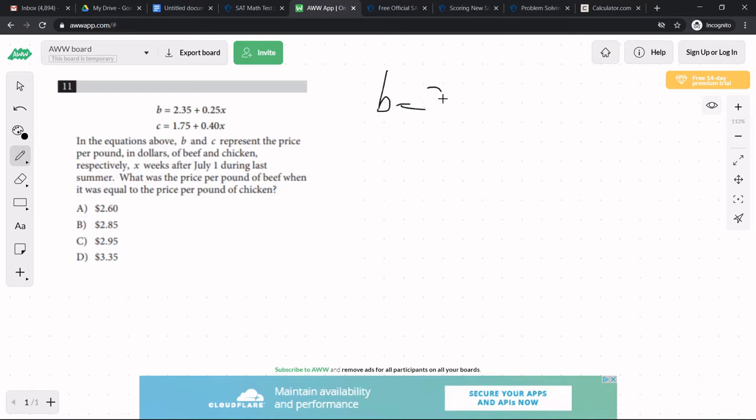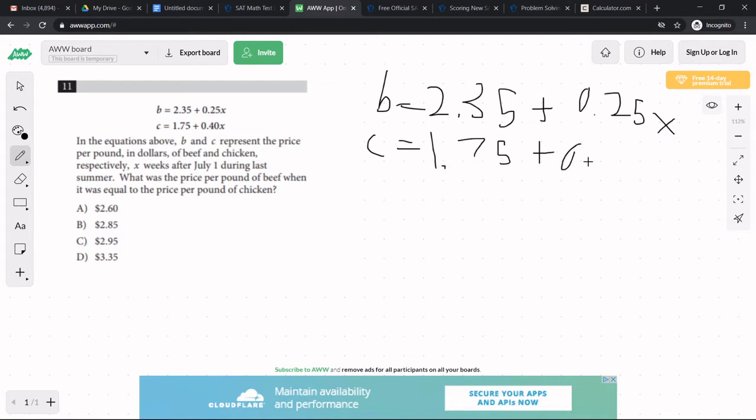B equals 2.35 plus 0.25x. C equals 1.75 plus 0.40x. And so B and C are the price of beef and chicken. It's asking when are they equal.